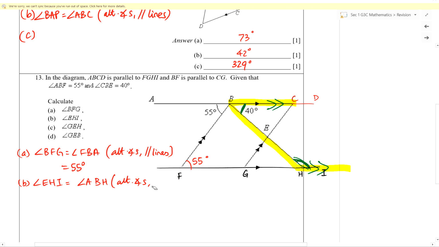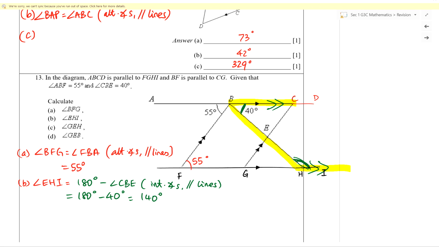So to simplify our work, EHI will be 180 minus CBE, interior angles, parallel lines. So it'll be 180 minus 40, 140 degrees, which is the same as what was suggested just now, by finding this angle and then alternate angles.